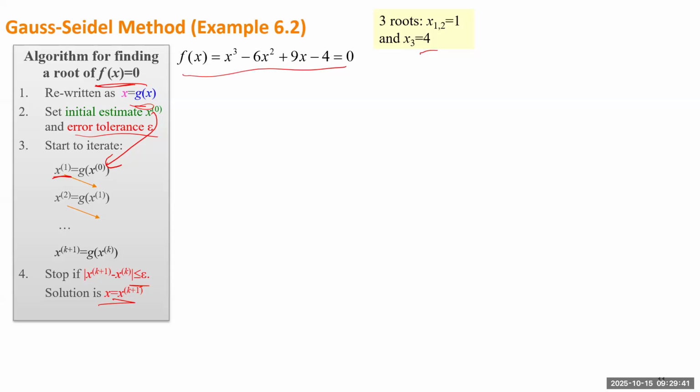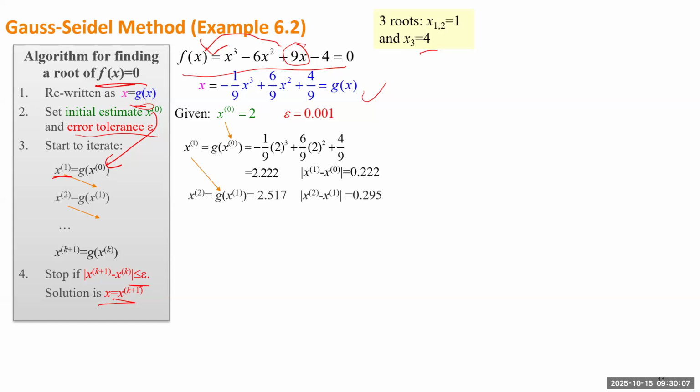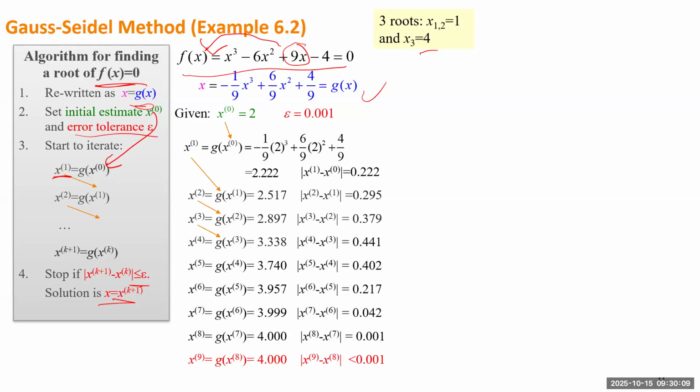If we want to solve this equation, we first move the x to the left, right? Then divide both sides by 9. So we'll have this equation, which is basically the same equation. And then we can start to iterate. If you give an initial estimate of 2 and an error tolerance, you just keep iterating.